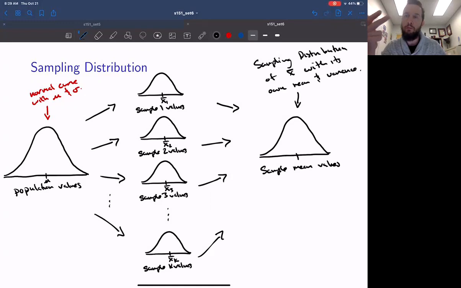I want to be able to account for the sampling error, so I can study the sampling distribution of X bar. The sampling distribution of X bar is going to allow me to understand the sampling error. The sampling distribution is the distribution of the statistic. So this would exist under the acknowledgement that I can repeatedly sample from the population.